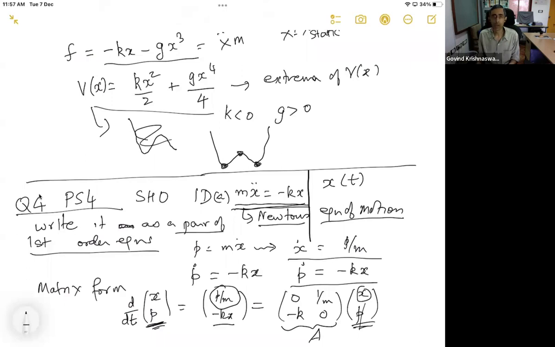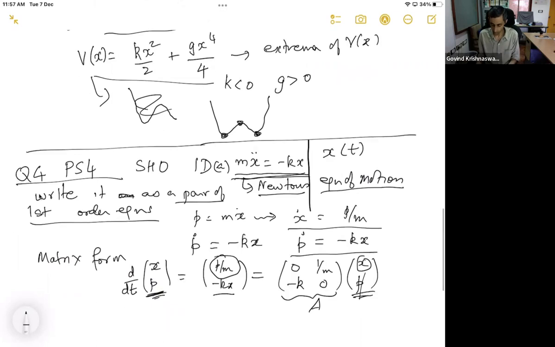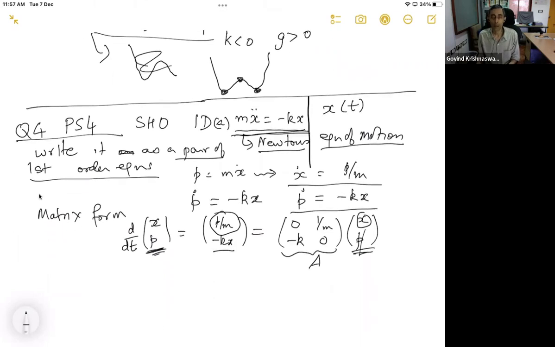There is no need to solve the equation of motion. This is something that many of you have tried to do. It is not necessary at all, because there are many systems where you cannot solve the equation of motion in any simple way, but you can still write it in first order form. So it is important to distinguish and disentangle the problem of solving the equation from writing the equation in a particular way.